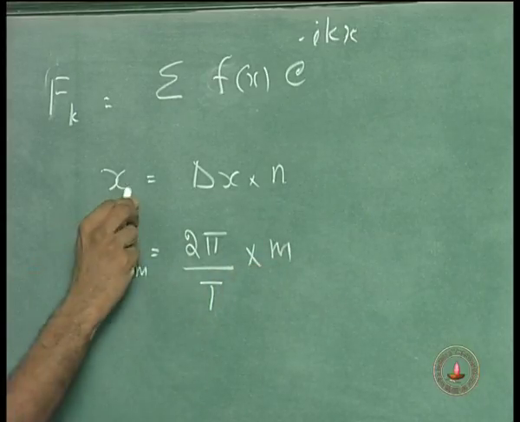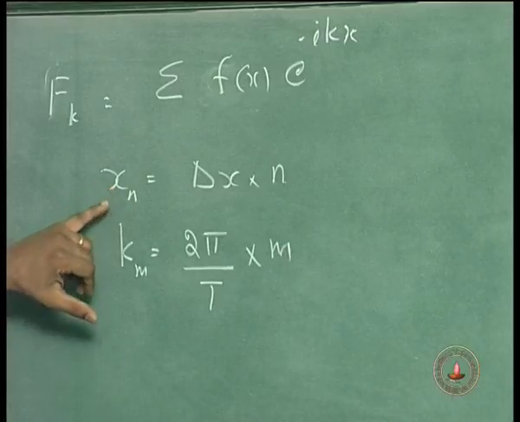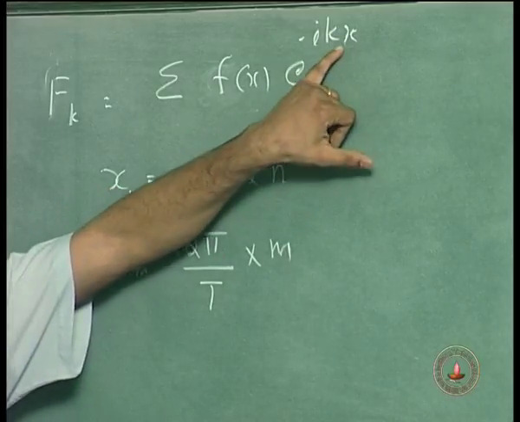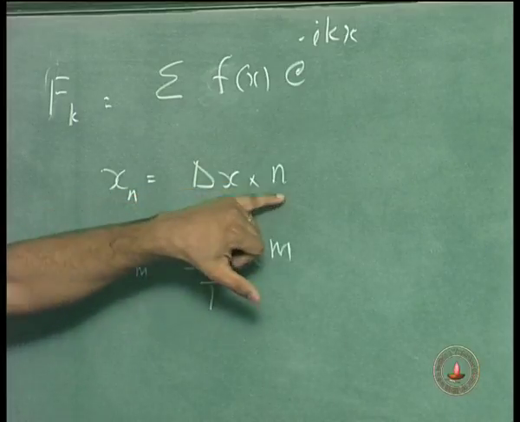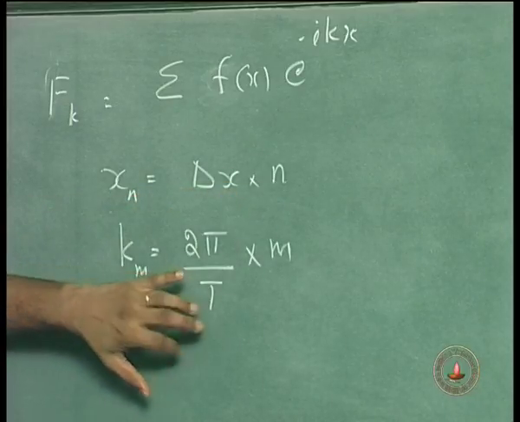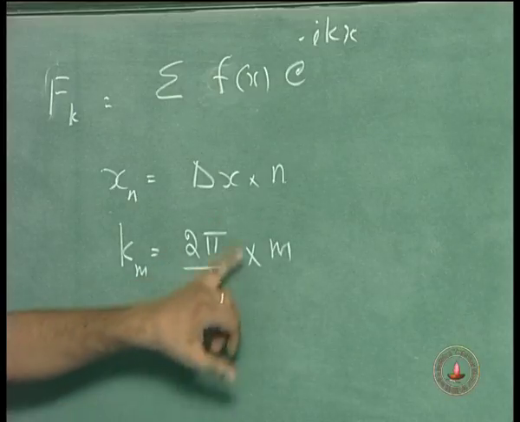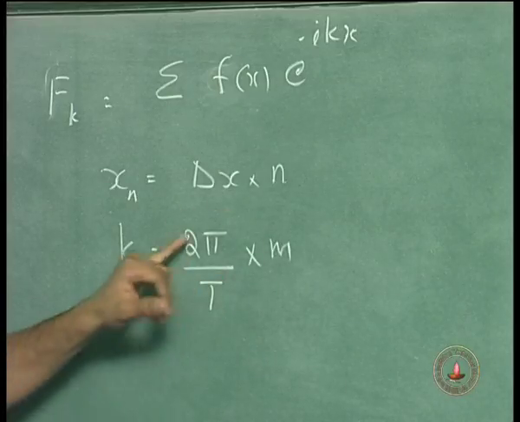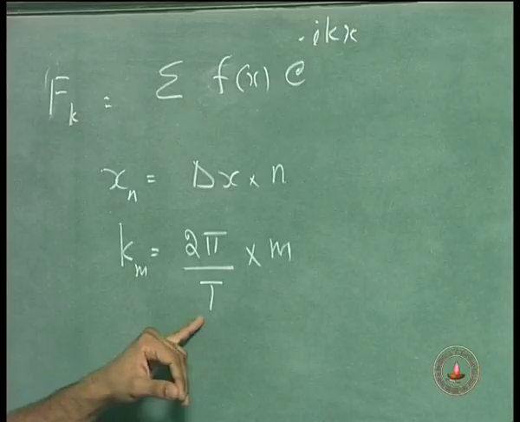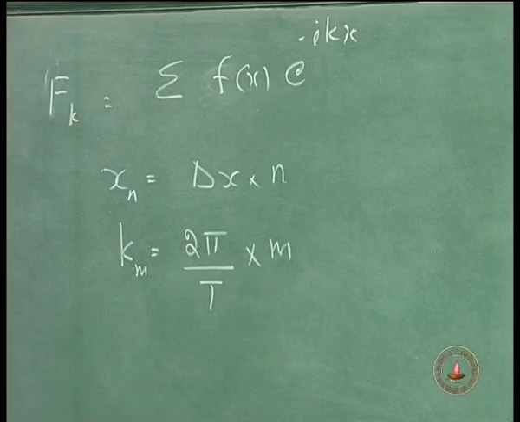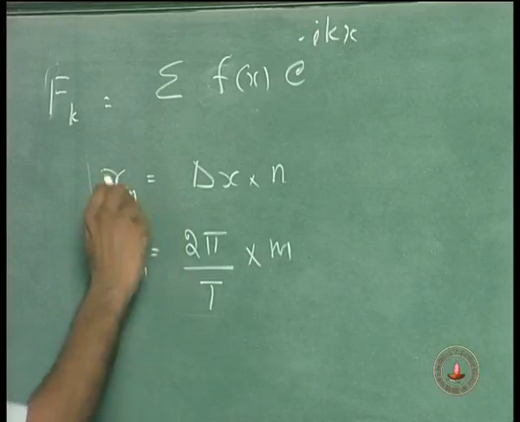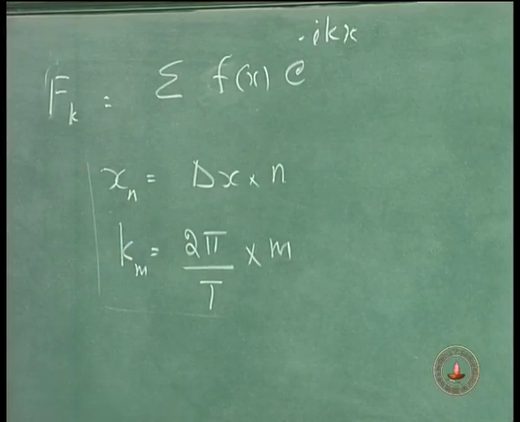So we are going to replace the continuous variable x by a discrete variable xn, which is delta x into n, and km by the smallest k vector which we can get, which is 2 pi by the total interval, multiplied by some integer m. So we have these two discrete values, and that's what we are going to substitute there.